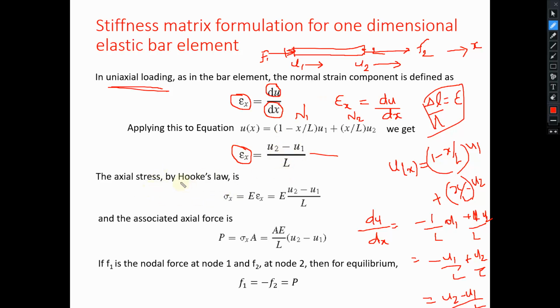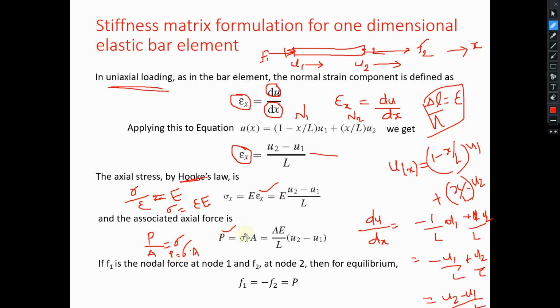Now we know that Hooke's law says that stress is proportional to strain, or sigma by epsilon is a constant known as the Young's modulus or modulus of elasticity, or sigma is equal to the strain into modulus of elasticity. So അതാണ് ഇവിടെ വരുന്നത്. Sigma x is equal to Young's modulus E into epsilon x is equal to E into epsilon x ന്റെ വാല്യൂ നമ്മൾ സബ്സ്റ്റിറ്റ്യൂട്ട് ചെയ്യുക u2 minus u1 by L, and P by A, load by area എന്ന് പറയുന്നതാണ് sigma, the stress, or P is equal to sigma into A. ആ ഒരു ഇക്വേഷൻ നമ്മൾ ഇങ്ങോട്ടേക്ക് കൊടുക്കുക.